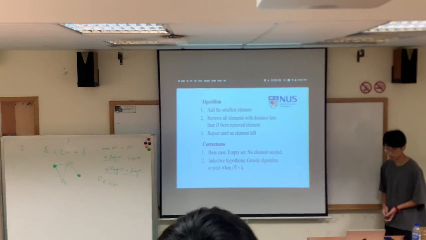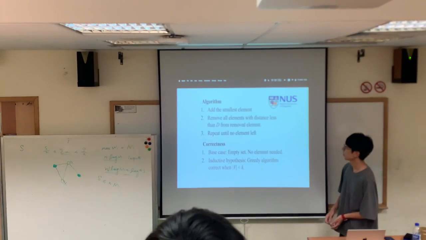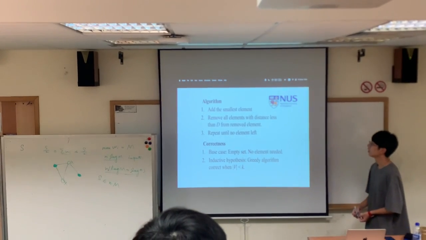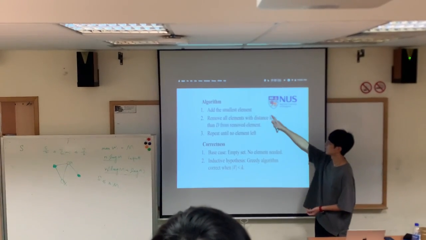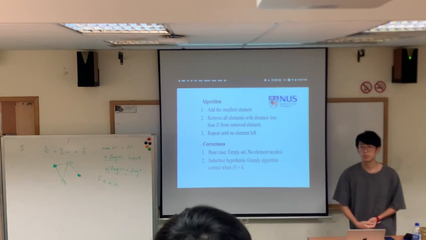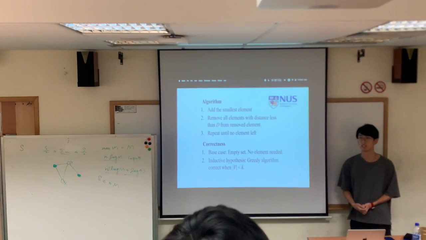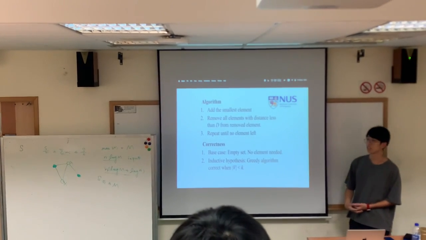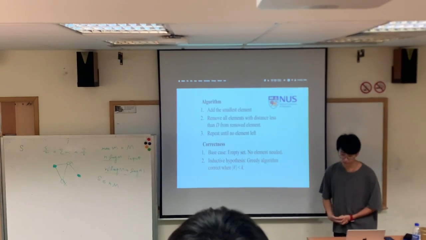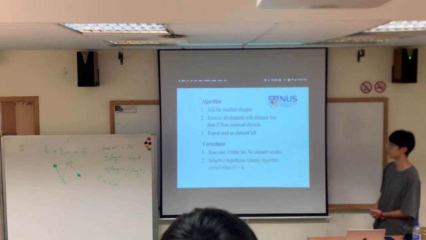The greedy property tells us there is always some optimal solution that contains the smallest element, right? So if we select the smallest element, we will know that there will still be some optimal solutions that remain, right? And every time we take the smallest element, we know that there will be some optimal solution remaining.